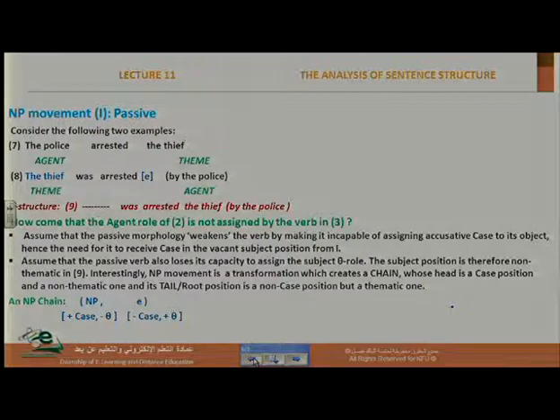Now, in the passive, in theory, if we are using the same verb, arrested, then essentially its requirements are the same, i.e. we cannot use it unless it is somehow associated with an agent and a theme. So: the thief was arrested by the police.